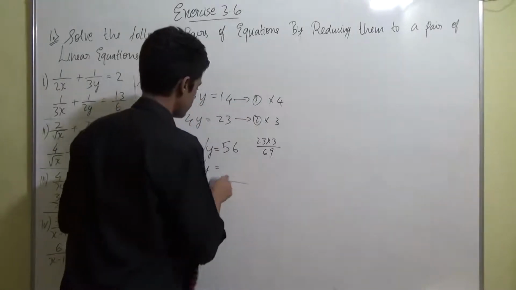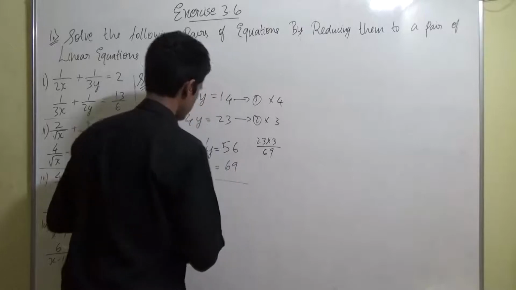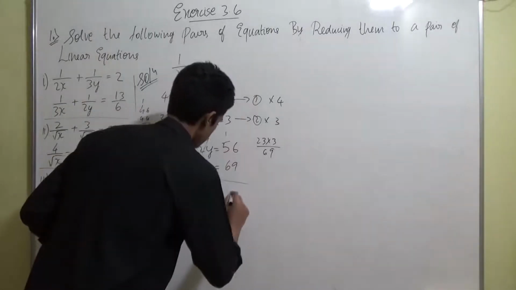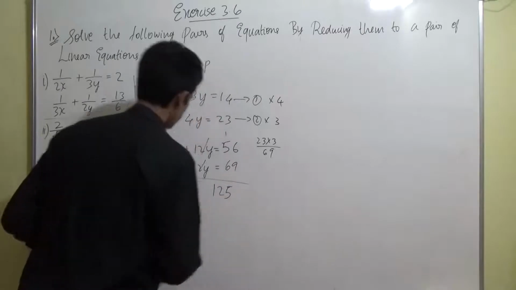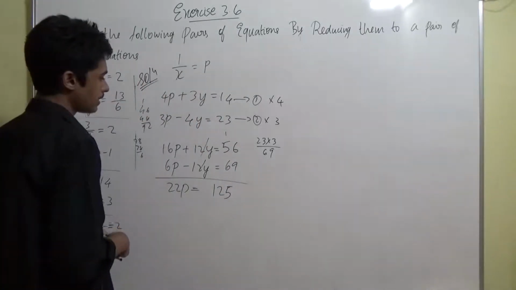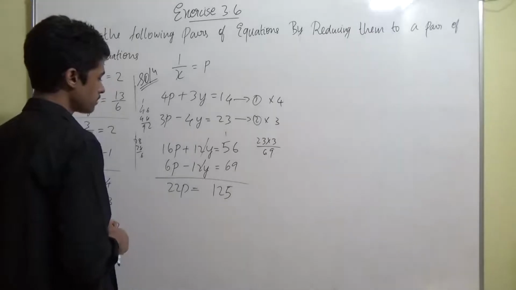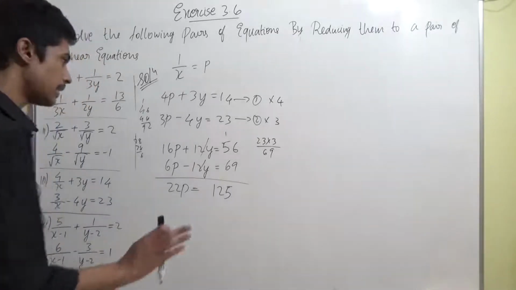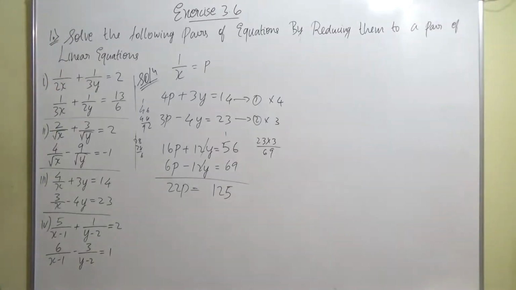Let me do it properly this time. 69. So if you add them up, it becomes 125, right? So p will become equal to 125 by 22. Now it's correct, no? Or is there some other mistake?